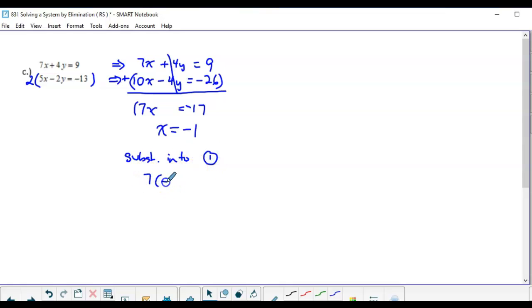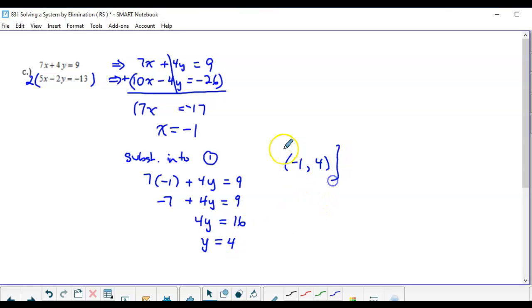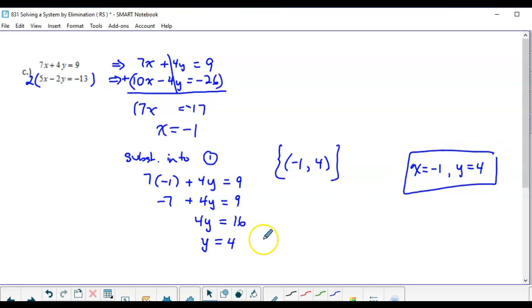So then 7 times negative 1 plus 4y equals 9. So 4y equals 16, y equals 4. Okay, so negative 1, 4, or you can even put it horizontally if you want. But just summarize it somewhere.